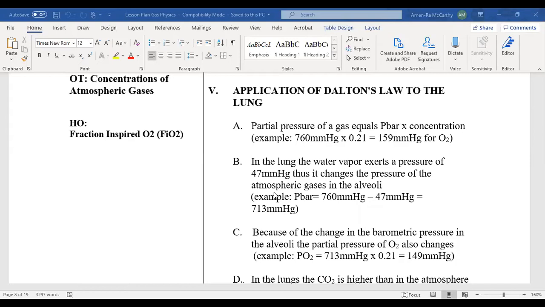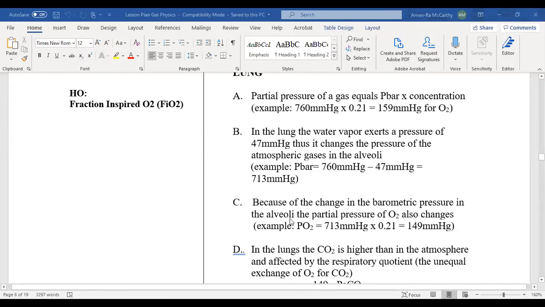So now we don't do 760 times 0.21. We're doing 713 times 0.21. See that? And that's where we got 149. When you work out the problem, it's 760 minus the pressure of water, right? Well, now we take that pressure of water out, and now we're left with 713, because 760 minus 47 is what?